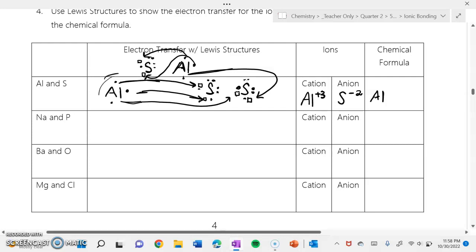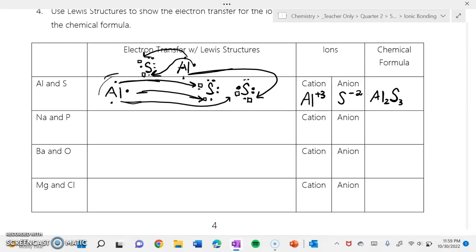We used 2 aluminums, so that would be aluminum 2. And we have 3 sulfurs. So there's our chemical formula: Al2S3.